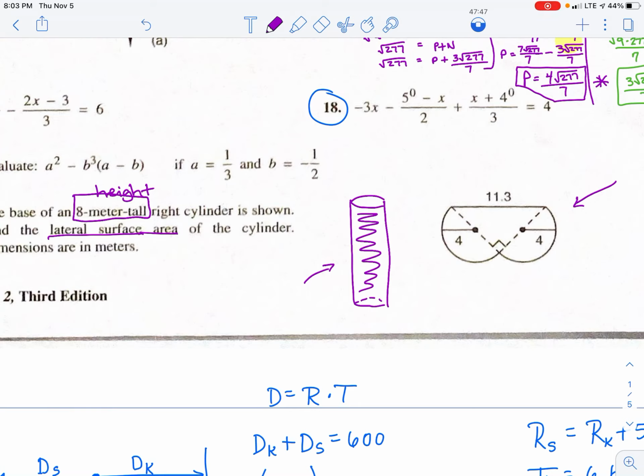If I knew the perimeter of my can around, then I could figure out my lateral surface. It's just taking the paper off. So in this odd looking shape over here, if I know the perimeter of this thing and I multiply it with the height, then I can figure out what the lateral surface area is. Okay?